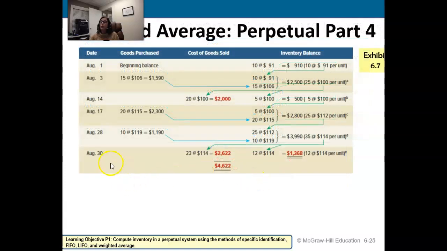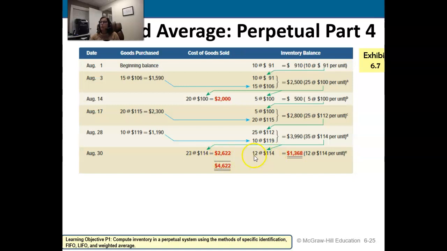So here we are on August 30th, and we've now sold some items. This is easy peasy because we've already calculated the weighted average of these items. So now when we go to sell these 23 items, it's just at that single weighted average price.